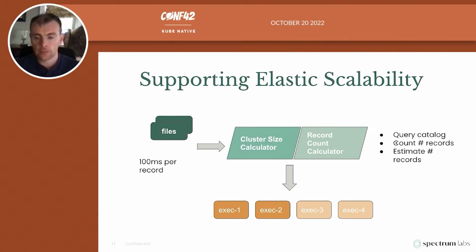If it's not there, then we open up the file and estimate how many records are in the data set. If the file is too big and exceeds a certain number of gigabytes, then we take a guess at how many records are in that data set. From there, we figure out how long in total it would take to process this data set, and size our cluster accordingly. This allows us to elastically scale out our Spark cluster depending on the size of your data set and the type of job that you're executing.